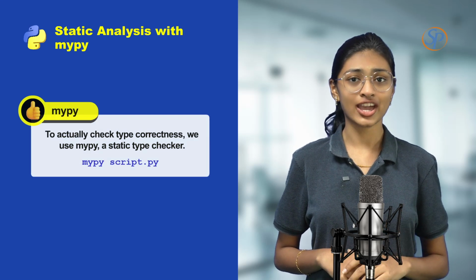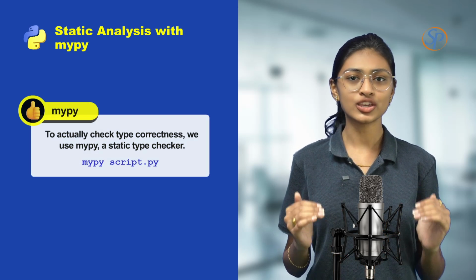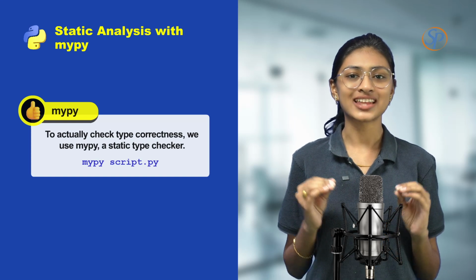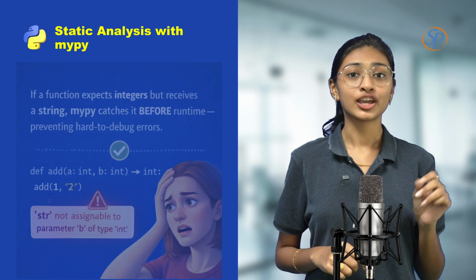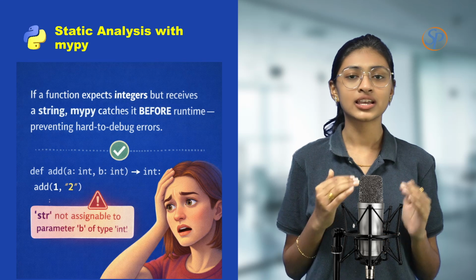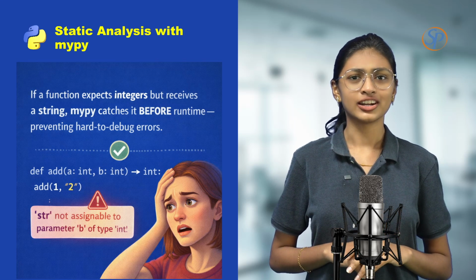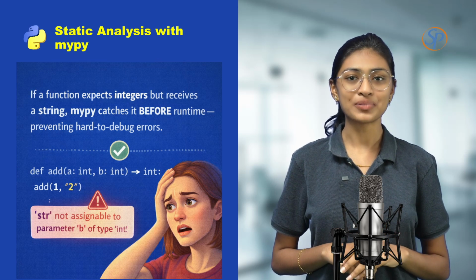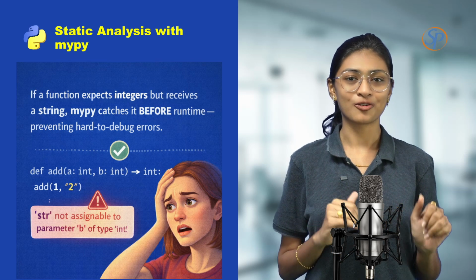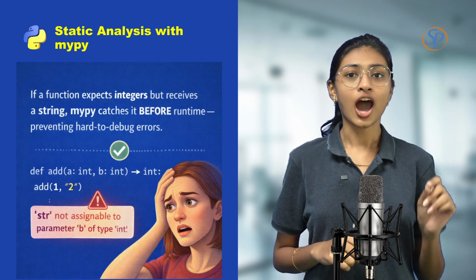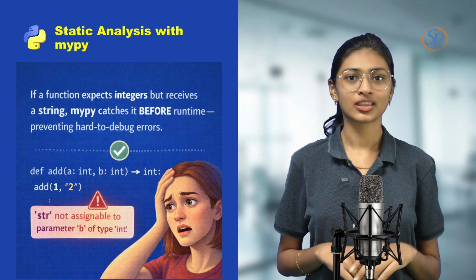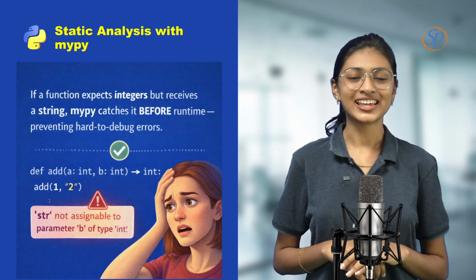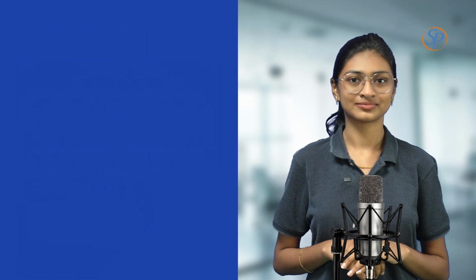To actually check type correctness, we use mypy, a static type checker. If a function expects integers but receives a string, mypy catches it before runtime, preventing hard to debug errors. This is invaluable in large-scale systems.